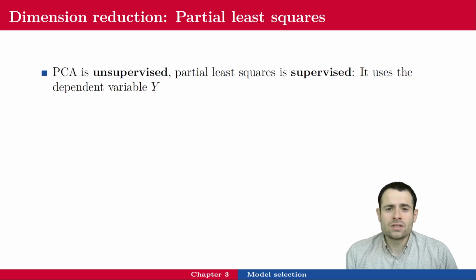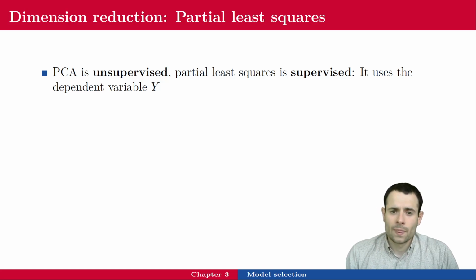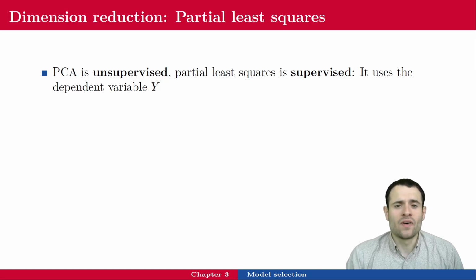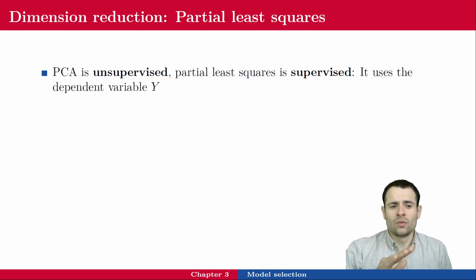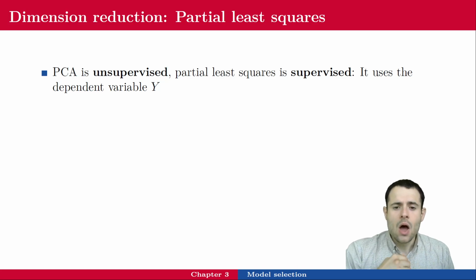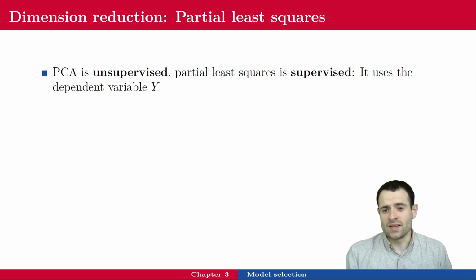Partial least squares has a very similar flavor. While PCA is unsupervised, it only looks at the x's together. We didn't even use y in the first place to find our z's. Partial least squares is supervised.